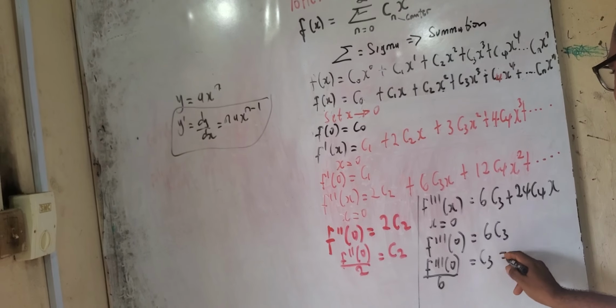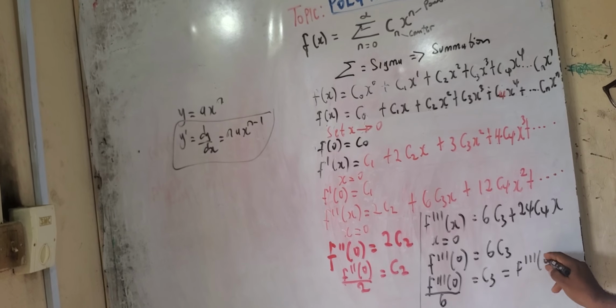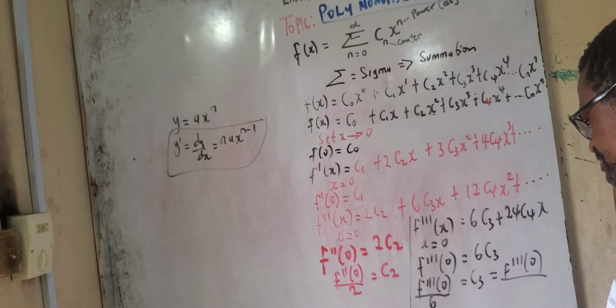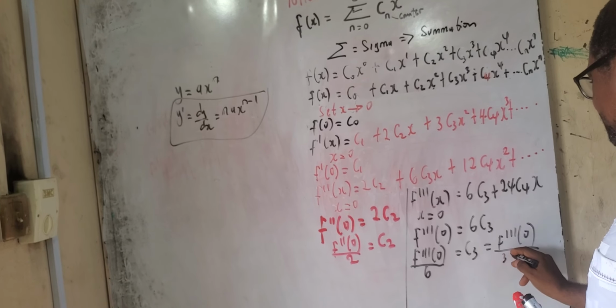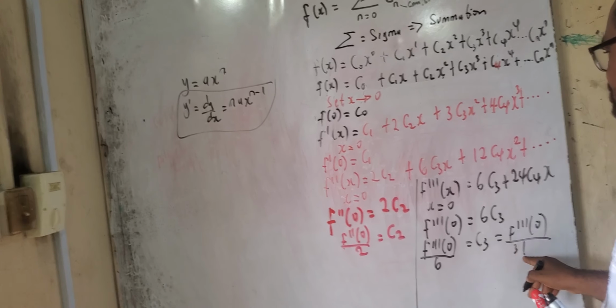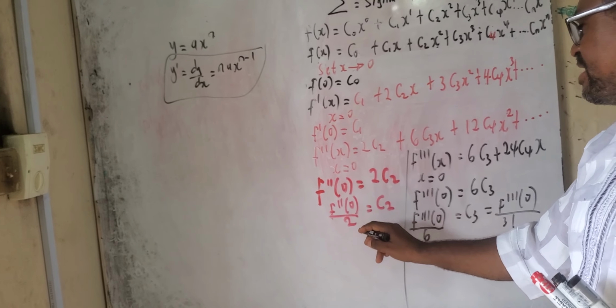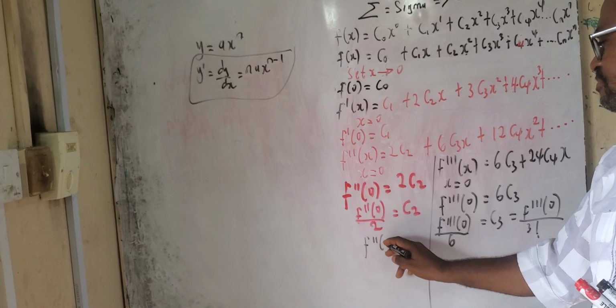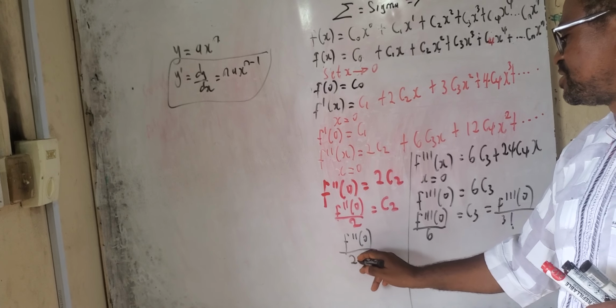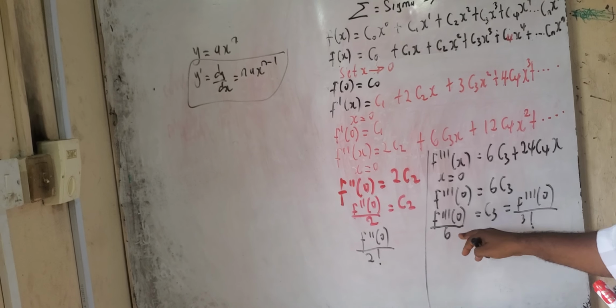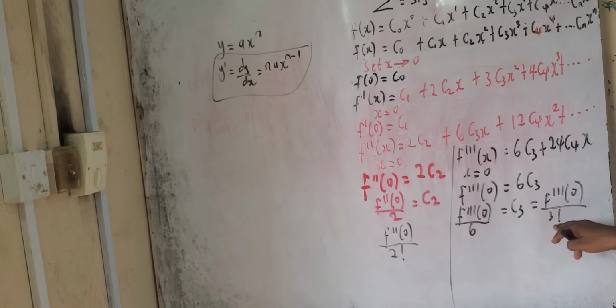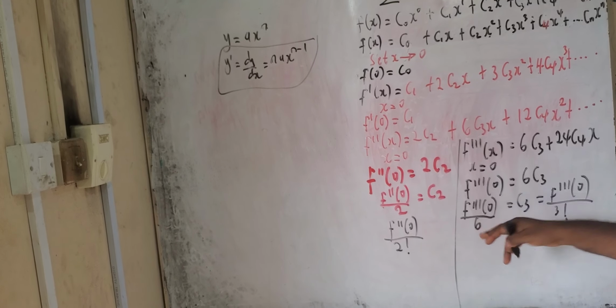And this can also be written as f prime prime prime of 0 all over 3 factorial, because 3 factorial means 3 times 2 times 1. And this one too, I can rewrite as f prime prime of 0 divided by 2 factorial. 2 factorial means 2 times 1. So this 3 factorial means 3 times 2 times 1, which is the same thing as 6.